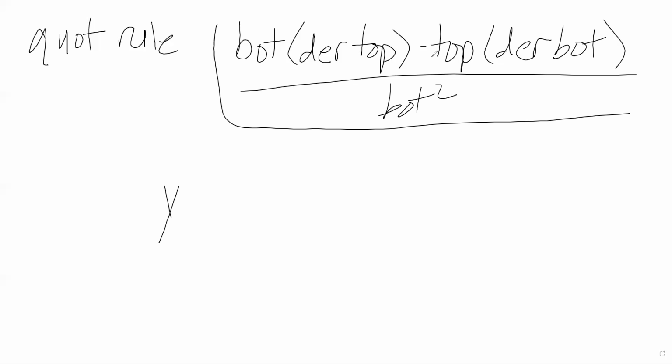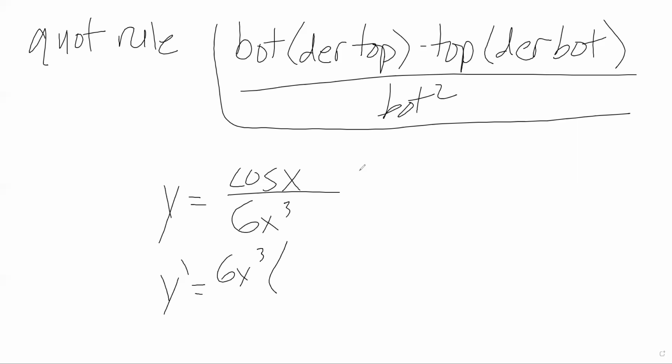So let's say we have something like y equals the cosine of x over 6x cubed. Okay, so we have the equation there. So we're going to do y prime equals, y prime again means the derivative, equals bottom. So 6x cubed times the derivative of the top.